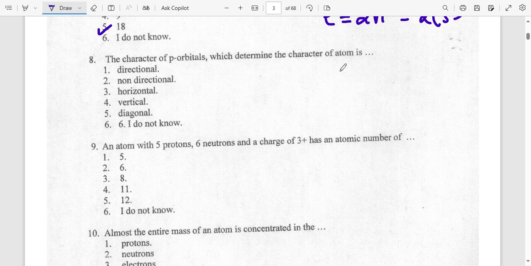So let me first make us understand how a p orbital is. Let me ask anyone who can answer: how does a p orbital look like?